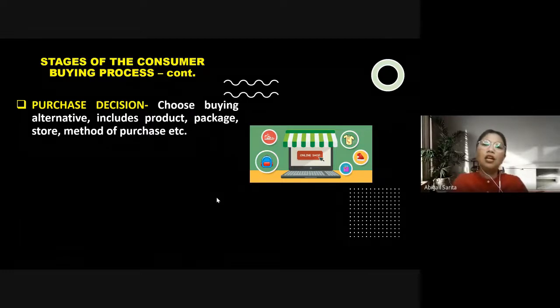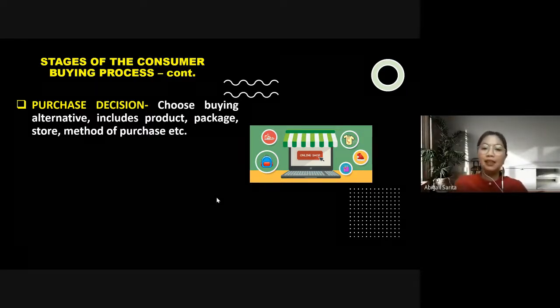So you need a lot of documentation pag pupunta ka sa Palawan compare sa Boracay. So that's what we call purchase decision class. Ina-assess mo yung mga things considering for your purchase. So you itemize everything para makapag-come up ka sa purchase decision.